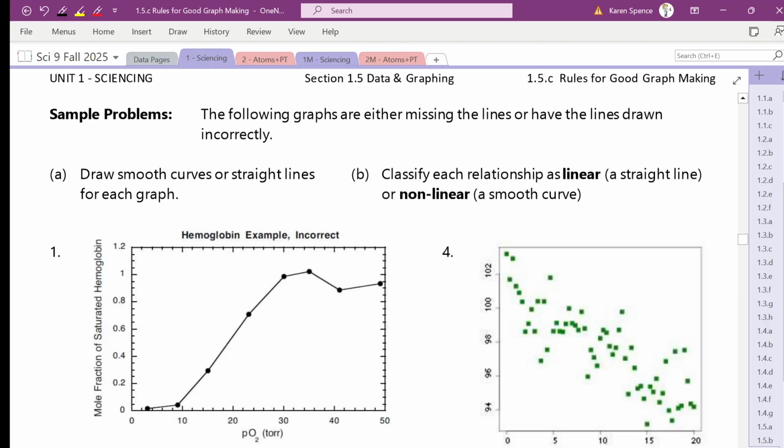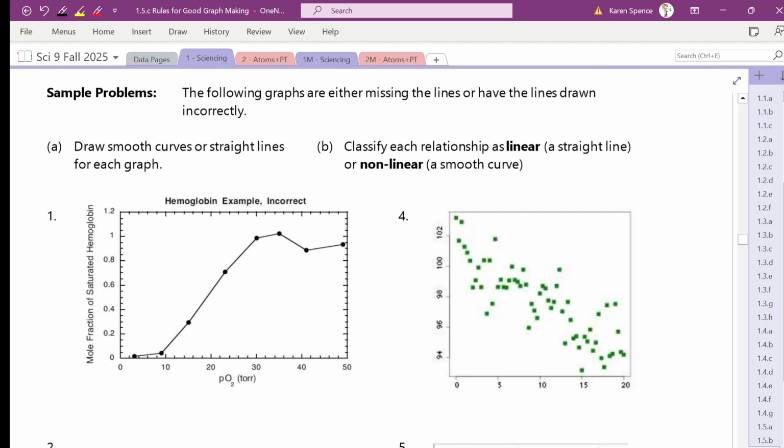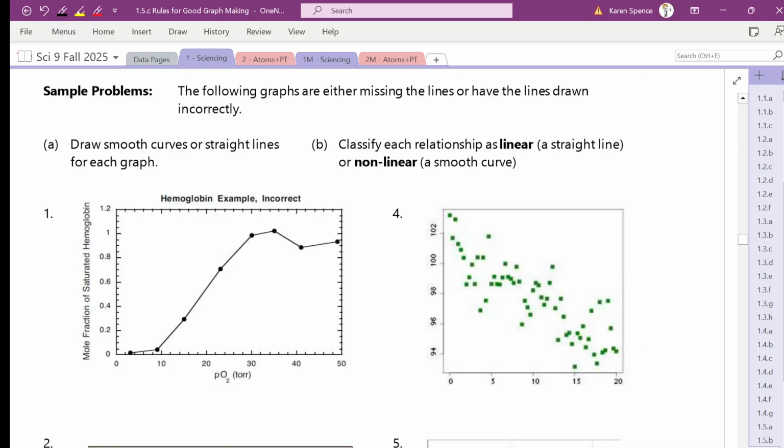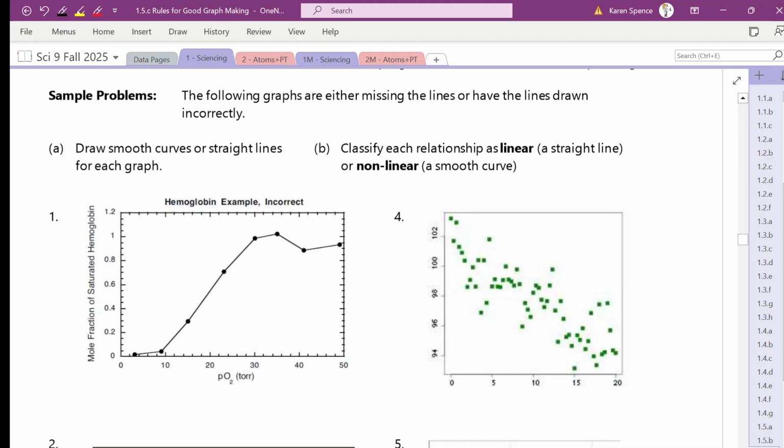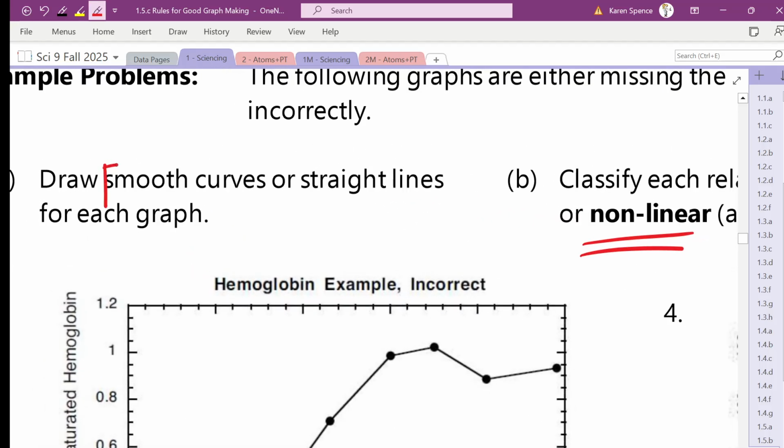Okay. So let's look at these sample problems on the next page. You guys are going to try these on your own. These are either going to be linear or they're going to be non-linear. They're going to be a curve. So you are going to draw either a smooth curve or a straight line.